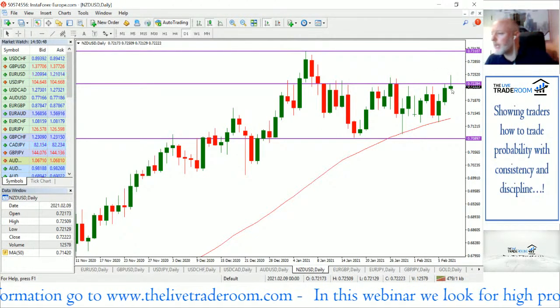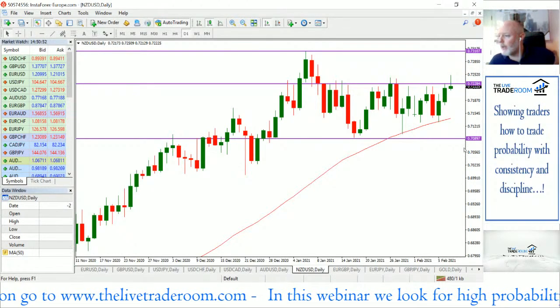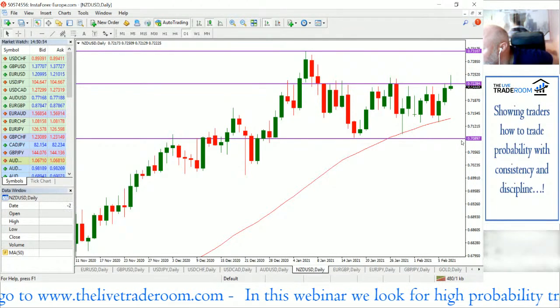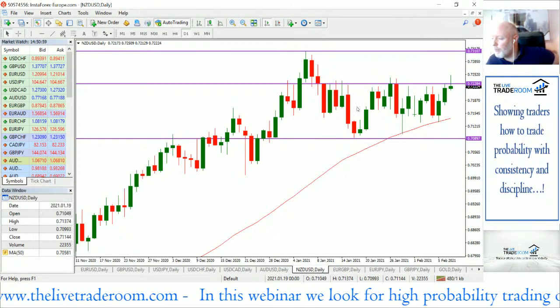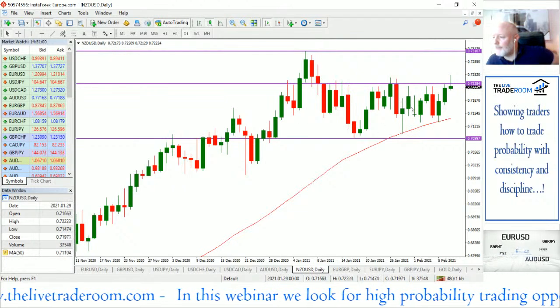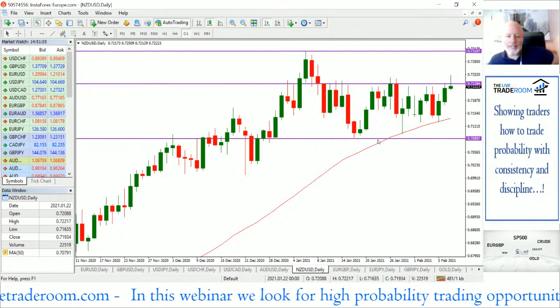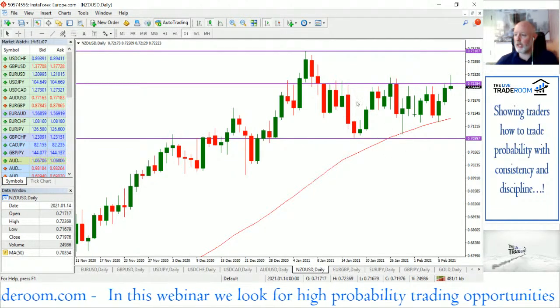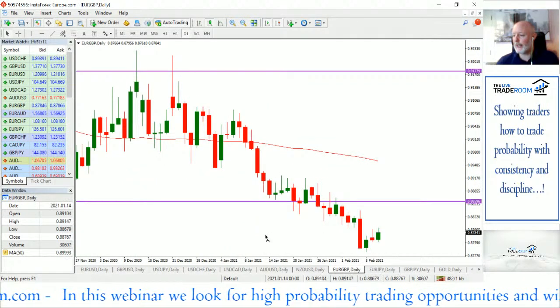We want this market to either close above the 72.28 to the upside, or close below the 70.89 to the downside. We're only in sort of a 130 pip range over the last 6 weeks, which is not very much at all.